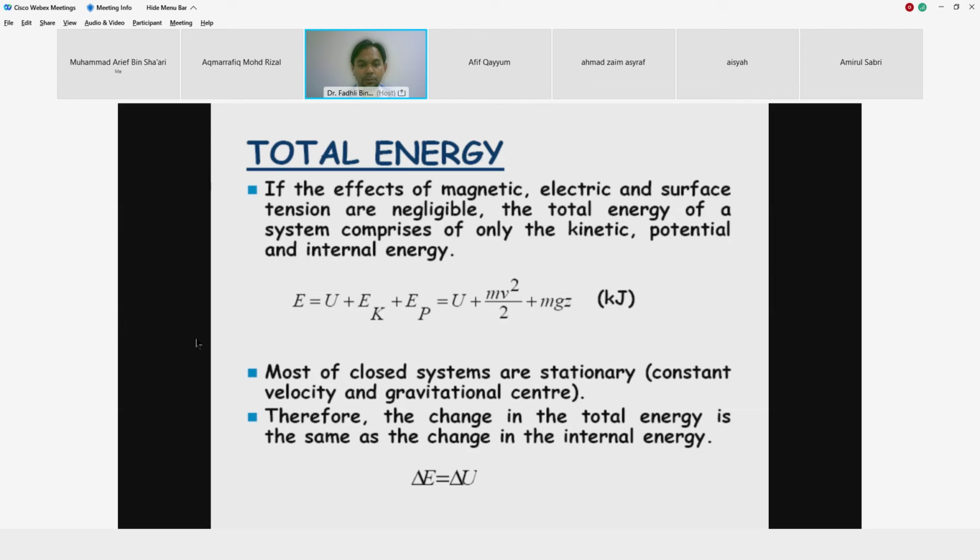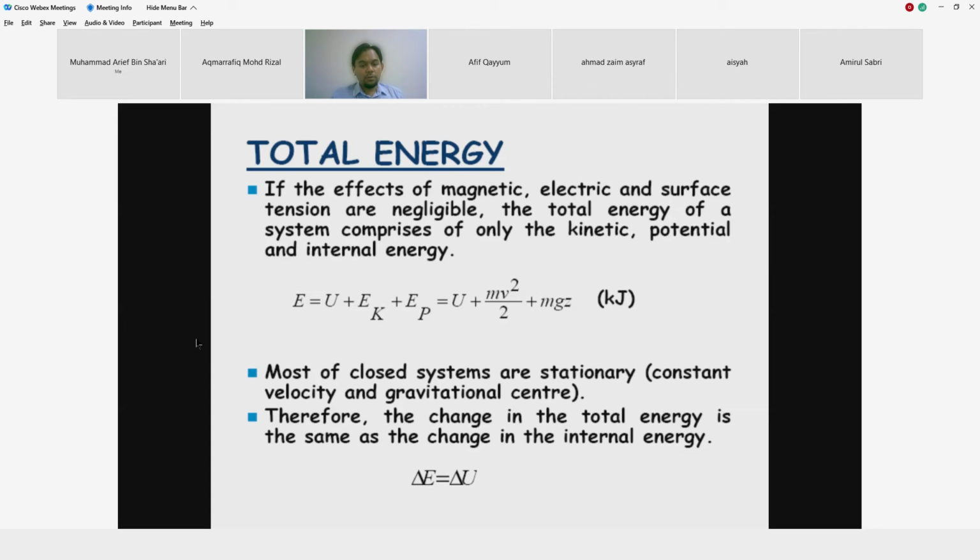Then proceed to U plus mv squared over 2 plus mgz, in kilojoule. This is how we calculate the total energy of the system.